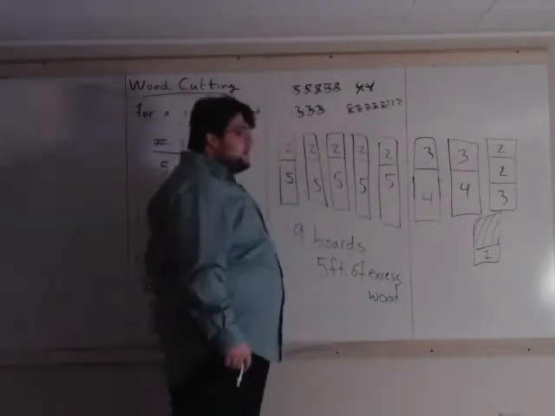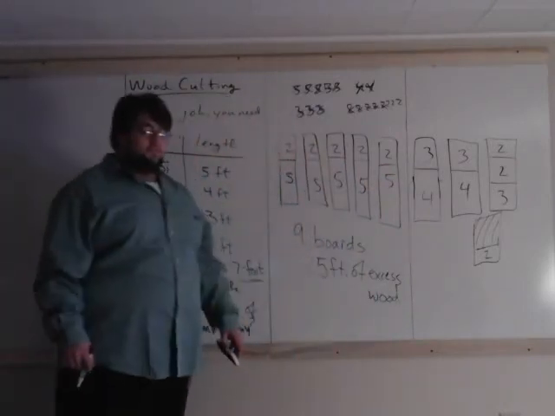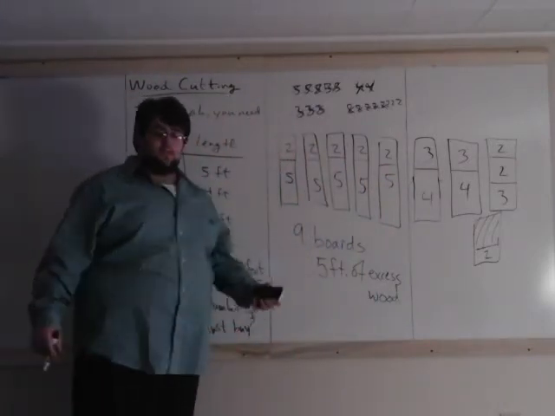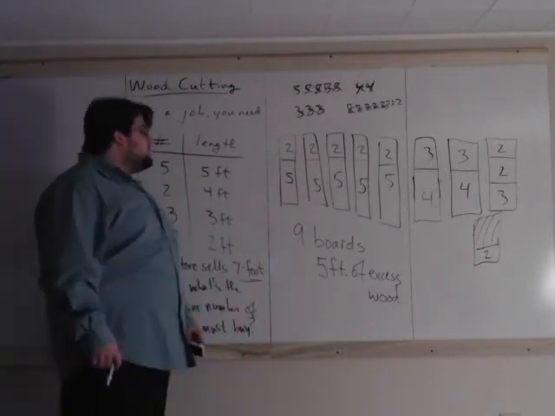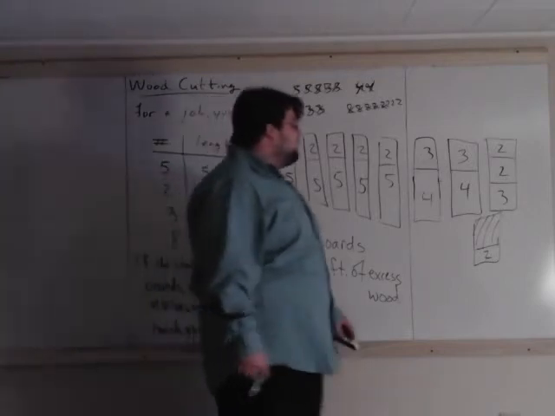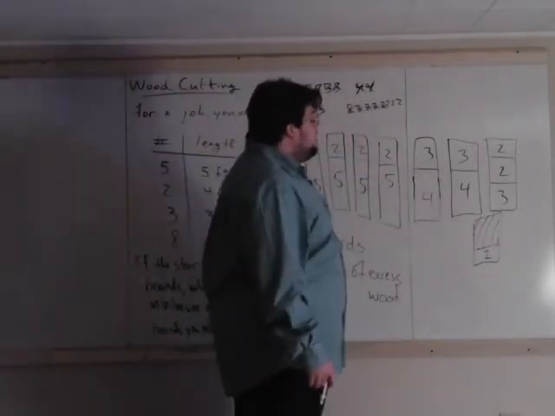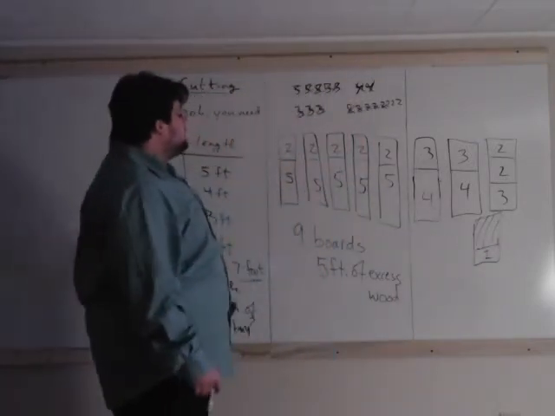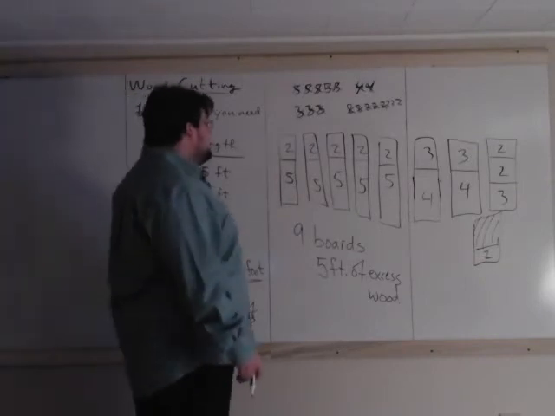If we had, say, 14, or now let's say if we had 7 feet of excess wood, then you might suspect that you could rearrange the numbers so that all of the excess winds up on this. But we have less than 7 feet of wood, so this actually gives us a maximum.